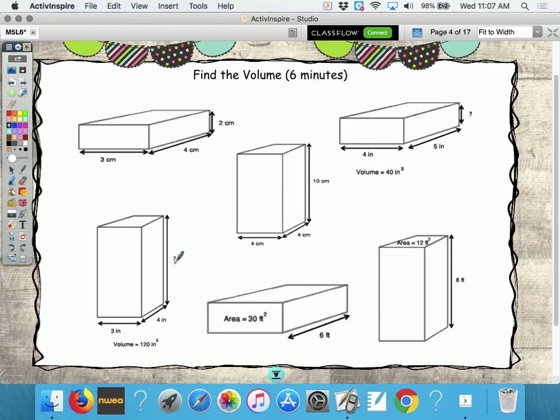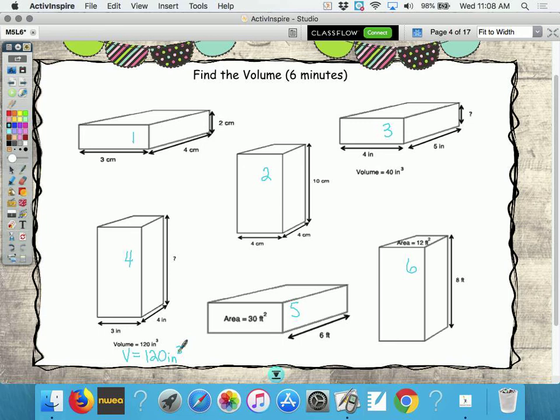We need that there, okay? So underneath this, first of all, let's number these so we'll know which prism we're talking about. So underneath the 4th prism, go ahead and write the answer, and you can just write it like this. Volume equals 120 inches cubed.